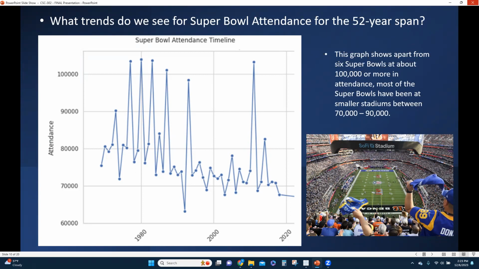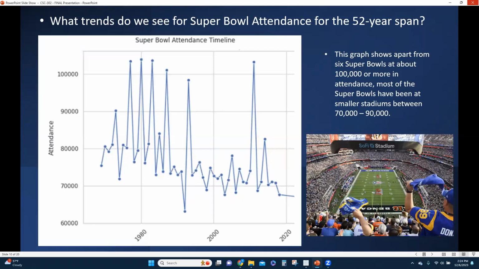They hold a lot of people and they've hosted a lot of Super Bowls, but not necessarily the case for some of these other stadiums. The Super Bowl is typically a sold out game, and looking at the attendance numbers shows that some of these other stadiums are absolutely smaller.